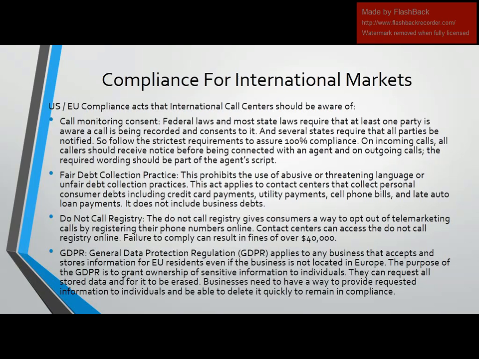The purpose of the GDPR is to grant ownership of sensitive information to the individual. They can request all stored data and for it to be erased. Businesses need to have a way to provide requested information to the individual and be able to delete it quickly to remain in compliance.